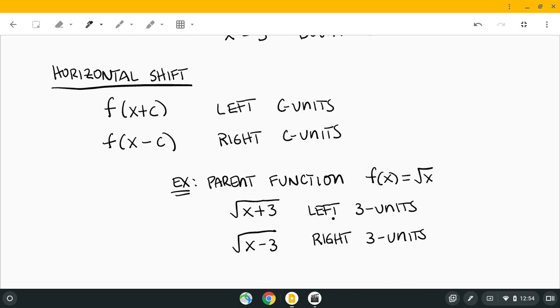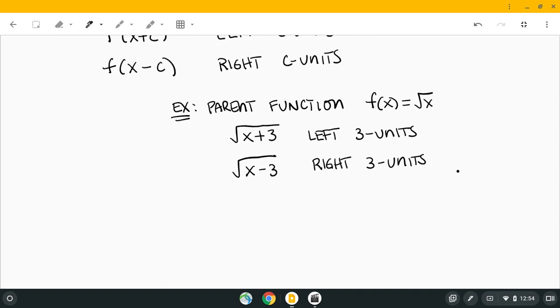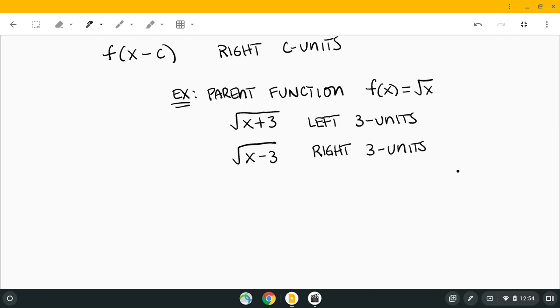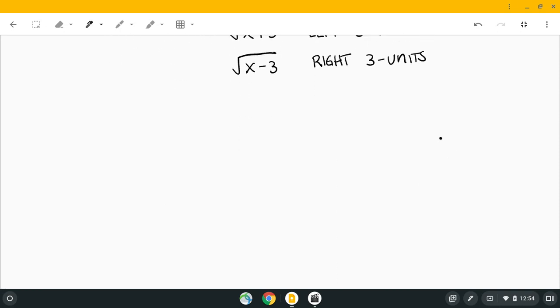But over here, plus 3 is to the left and minus 3 is to the right. Okay, so let's take a look at graphing, just doing these vertical and horizontal shifts. So let's look at this example.